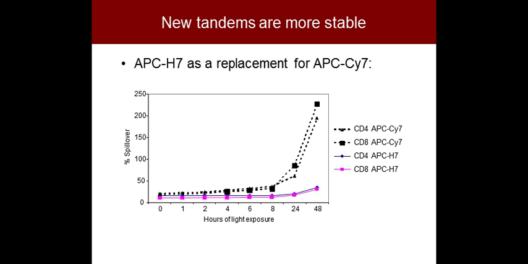And you can see that over time with light exposure, the Cy7s degrade, and the APC H7s much less so. And I should mention that this is in the presence of that stabilizing fixative that I mentioned, so the degradation is actually quite slow. It takes a while, but you can get them to degrade even in the stabilizing fixative.